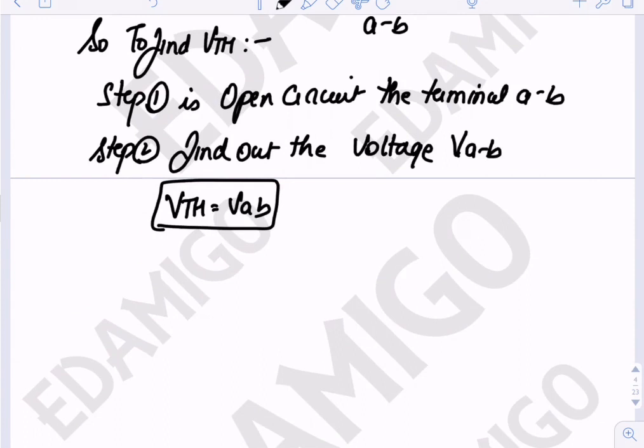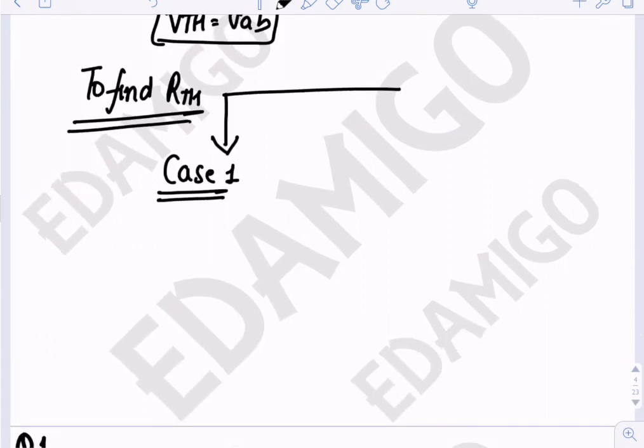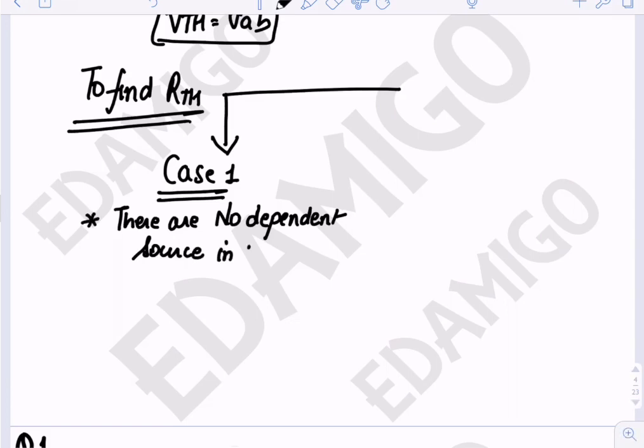Now to find RTH, there are two cases. Case 1, there are no dependent sources in the circuit.